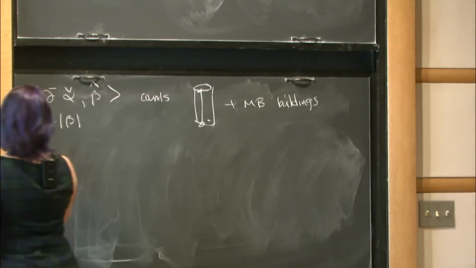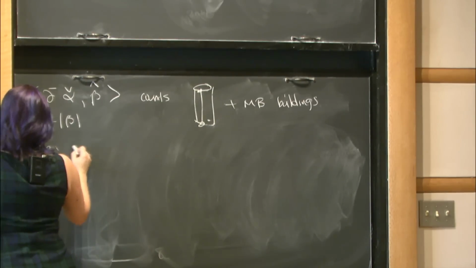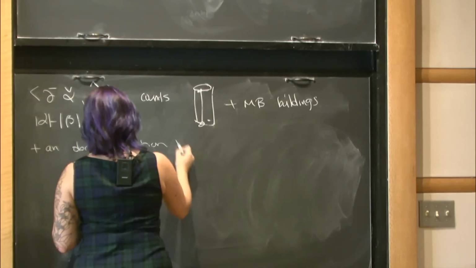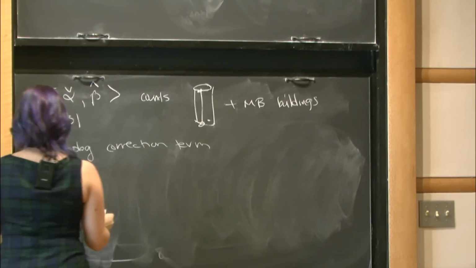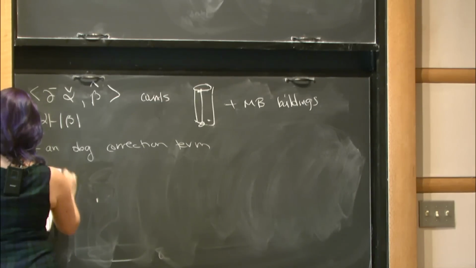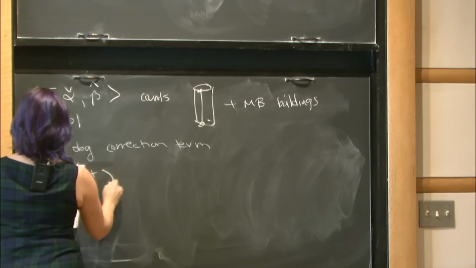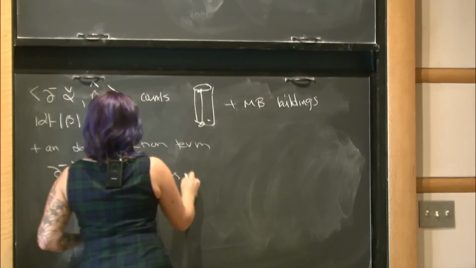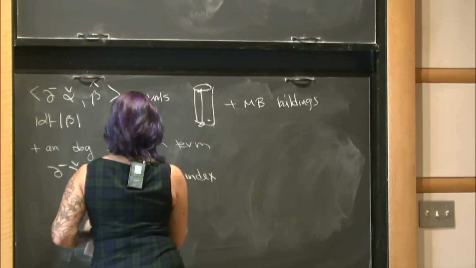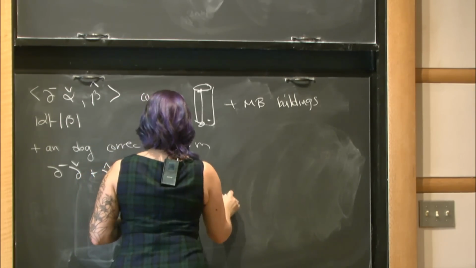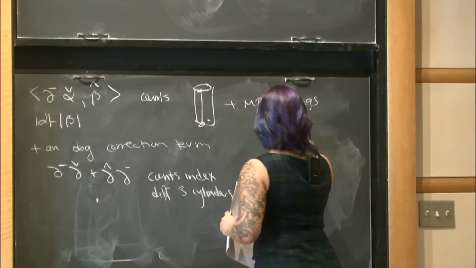And then we need an obstruction bundle gluing correction term. And what's happening is when we look at d minus d check plus d hat d minus, this is going to count index difference 3 cylinders.